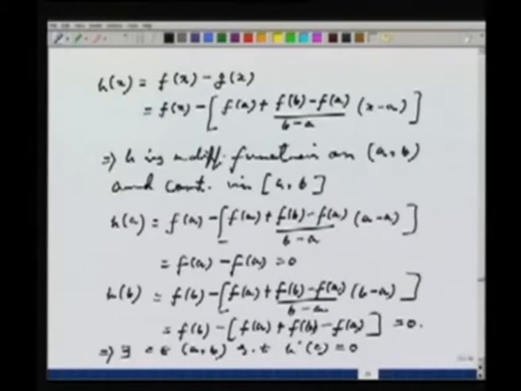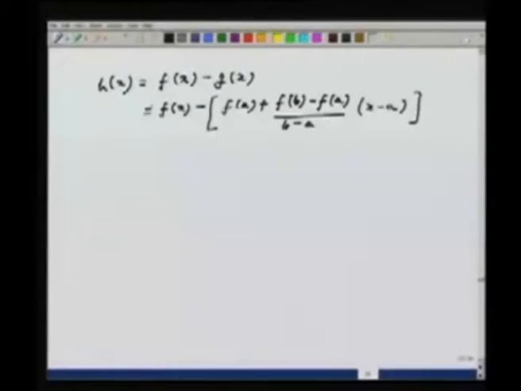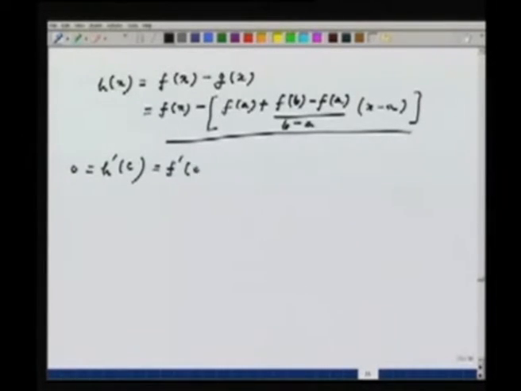But now I can try to calculate what is h prime at c, because I know the precise description of h. So let us try to calculate that. Our definition of h is given as this: h(x) equals f(x) minus g(x), which is f(x) minus this quantity. So if I look at h prime at c, which I know is equal to 0, that would give me f prime c minus f(a) is a constant, so derivative is 0.